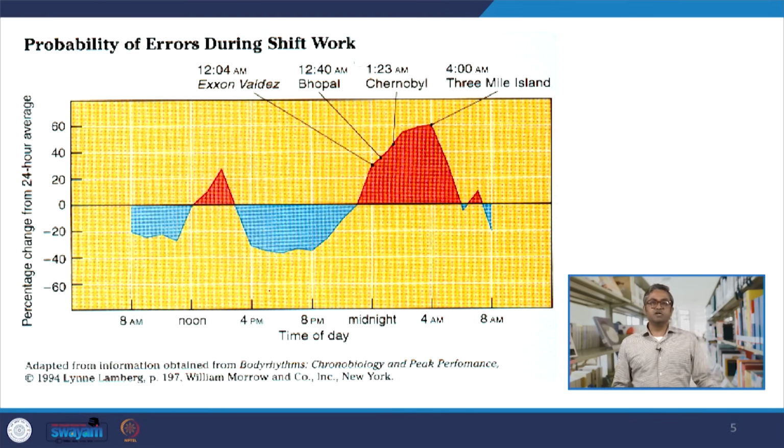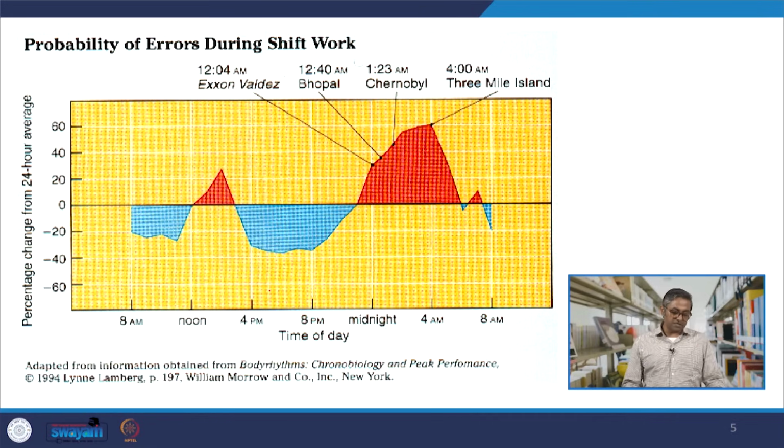So if we move further, you can see on your screen a chart which reflects the biocircadian cycle of an individual. On top of this chart, you can see there are several incidents which occurred at different time frames.